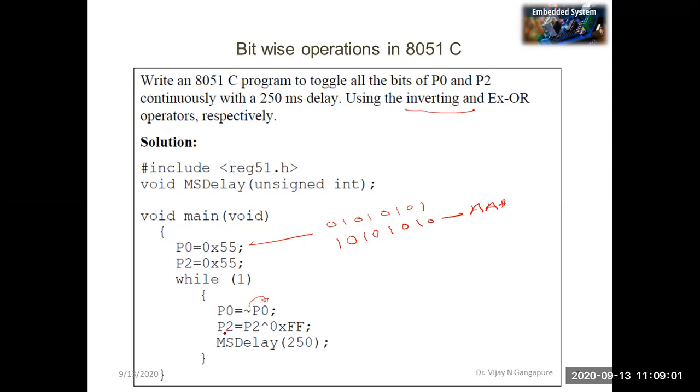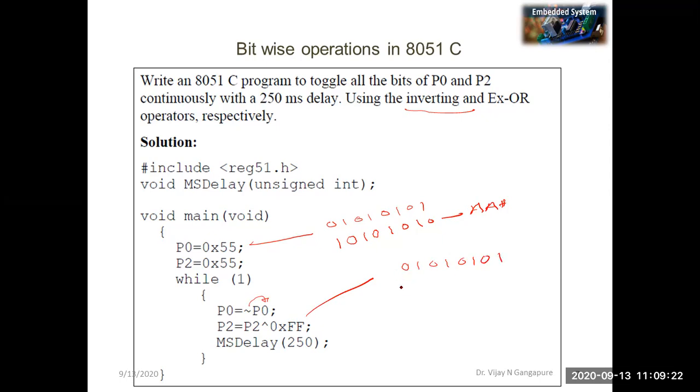Now next, P2 is equal to port 2. This caret means the bitwise XOR operator, and we are XORing FF with the port 2 contents. Now see what happens. What is in port 2 at present? 55, 0101 0101.